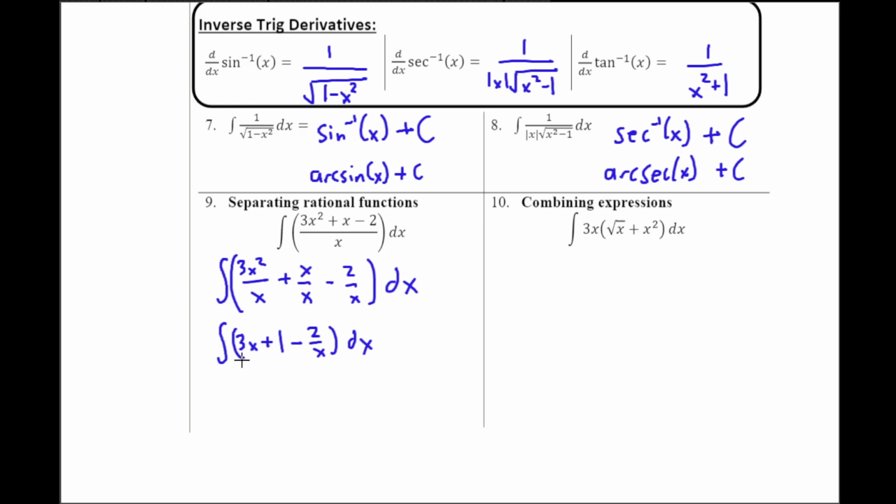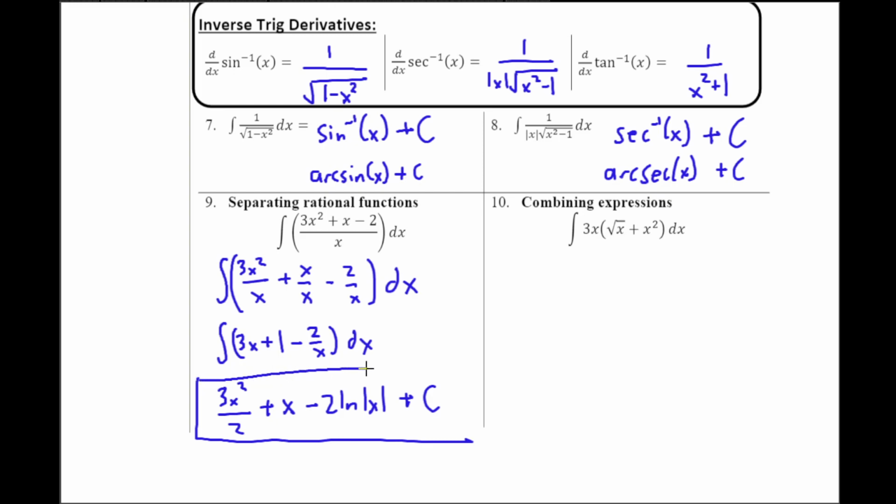So this is nice now. So you can take the integral of each one of these individual terms. So that's 3x squared over 2 plus x minus 2 ln x plus c. And if you went backwards, right, if you took the derivative of this answer right here, which is our final answer, you get what we have inside the integral on the line above.